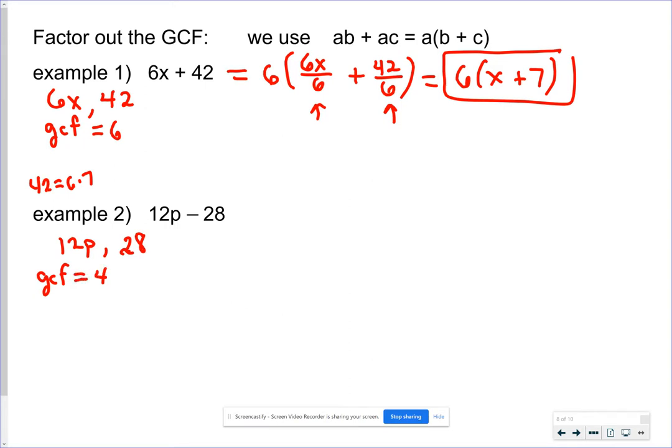Once we have that GCF, we write it down and we factor it out. In other words, we divide it out. When you distribute, you multiply it through, so when we factor it out, we divide it out.